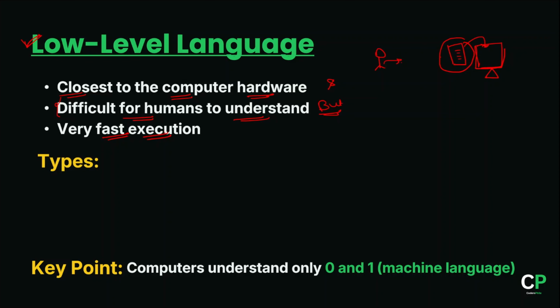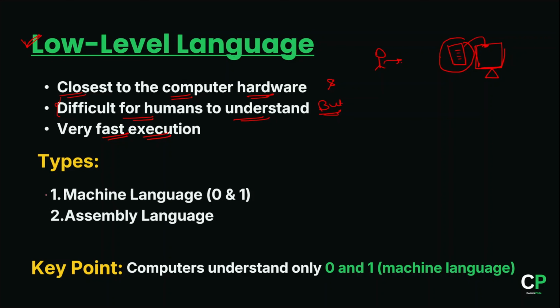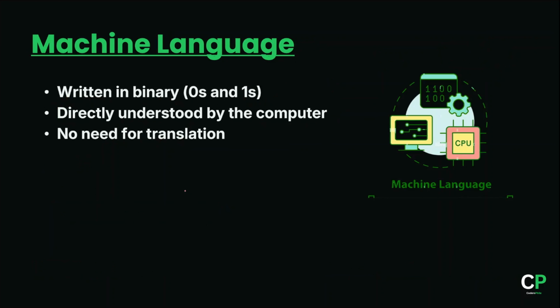So what are the examples of the low level languages? There are two types of low level language. First one is the machine language, that is zeros and ones, and second one is the assembly language. So let's see what is machine language. In machine language, the instructions that we give to a computer are written in binary, that is zeros and ones.